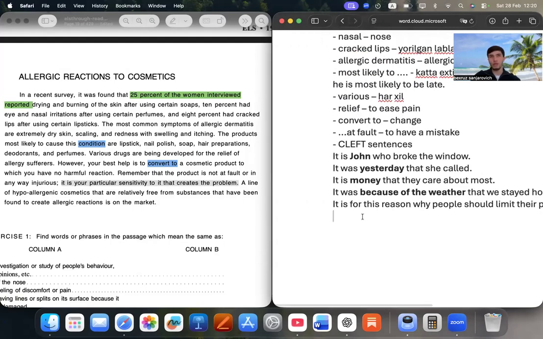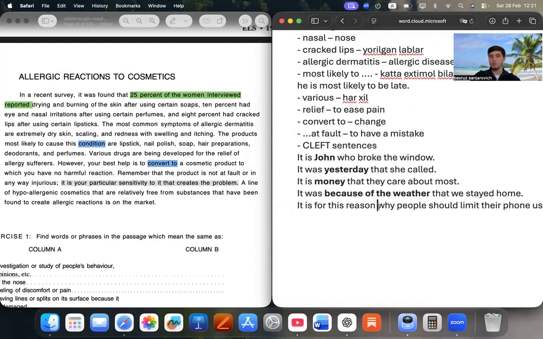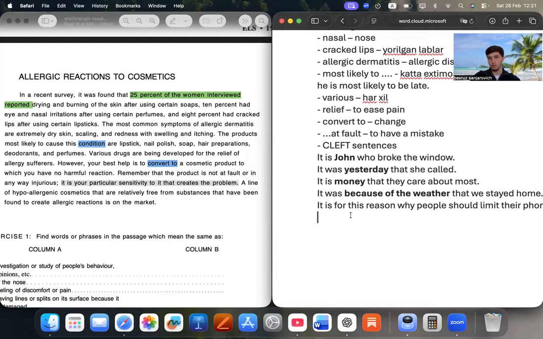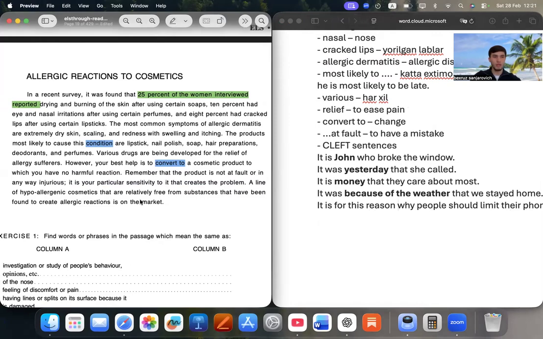You talked about different detrimental negative effects of phone use, and when you're concluding your paragraph, you can say it is for this reason why people should limit their phone use. You can say, yeah.